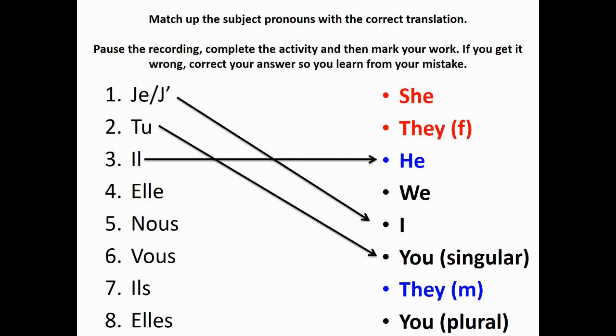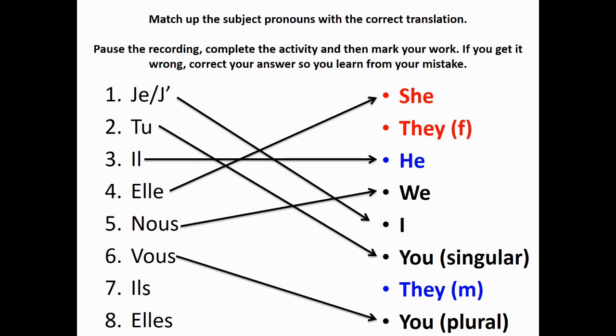Il, he, elle, she, nous, we, vous, you, plural. This would be a group of your friends, or me, for example. Ils, they, masculine, and elles, they, feminine.